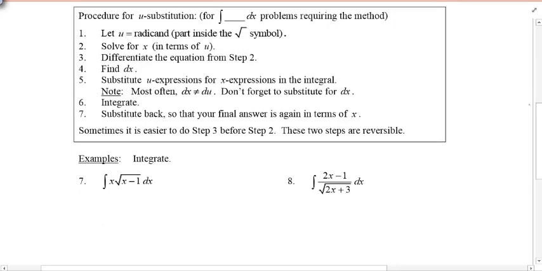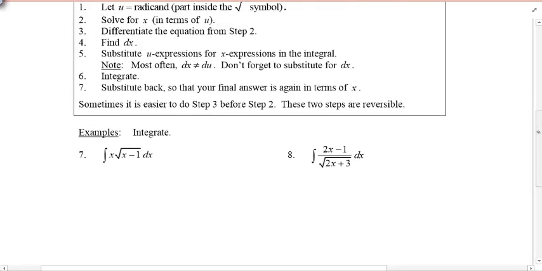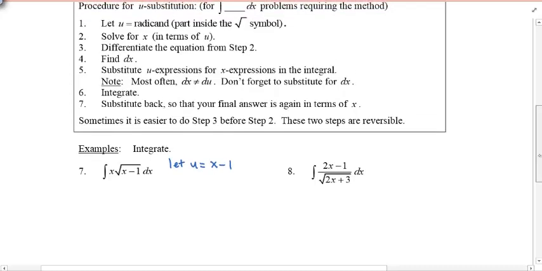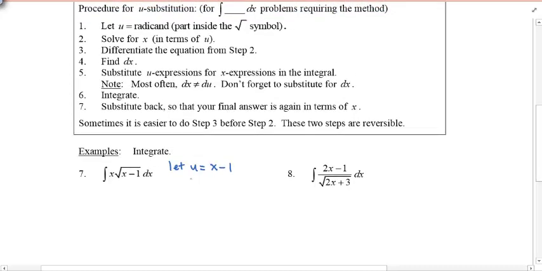So once again, the key thing is to make the substitutions. For example number 7, you have to decide what equals u. It's usually something complicated underneath the square root or in a bracket. So hopefully you can see that in this case u should equal x minus 1. Okay. Now you should then take the derivative.